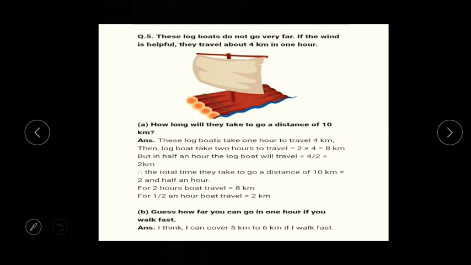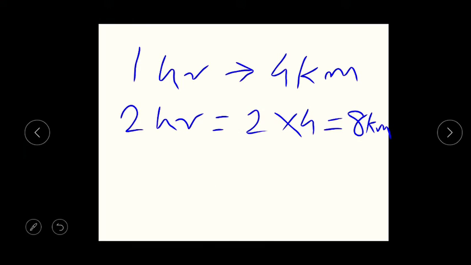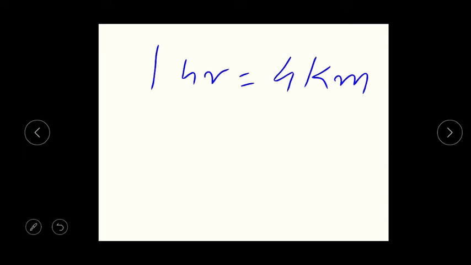So first they have given us in 1 hour a log boat can travel 4 km. So we can say that in 2 hours we have to multiply 2 with 4. So in 2 hours it can travel up to 8 km distance.